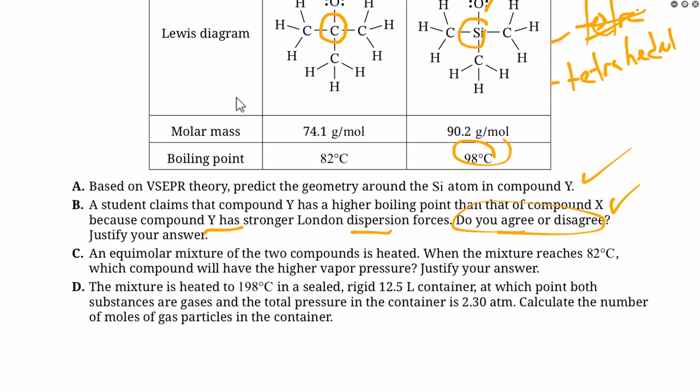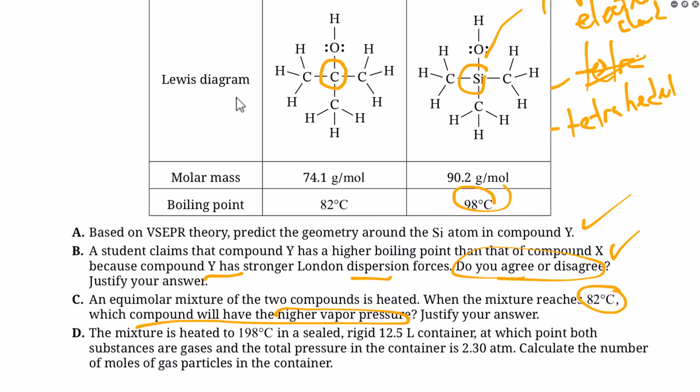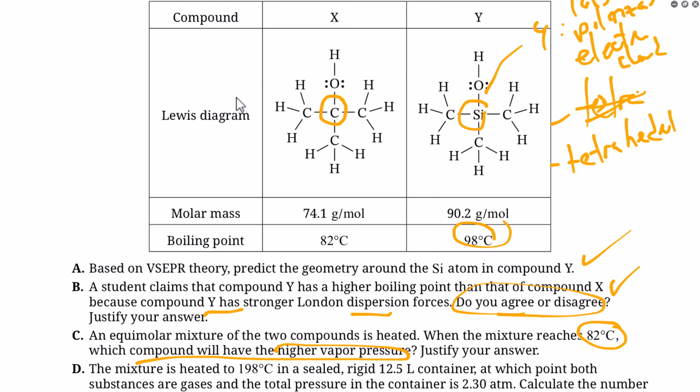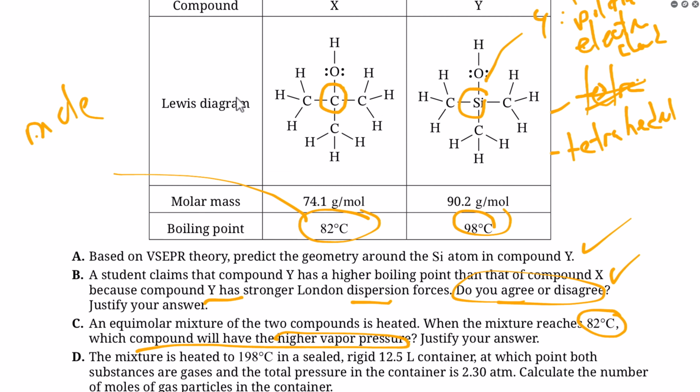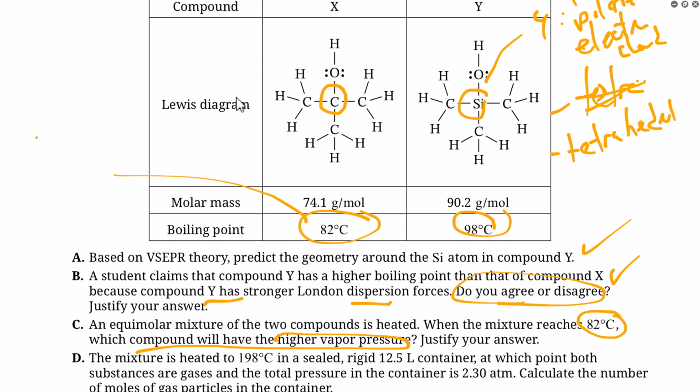An equimolar mixture of the 2 compounds is heated. When the mixture reaches 82 degrees Celsius, which compound will have the higher vapor pressure? So higher vapor pressure just implies that there's going to be more molecules of gas of that particular compound at that temperature. Because compound X has a boiling point at 82 degrees Celsius, that tells me that this is going to more readily become a gas at 82 degrees Celsius.